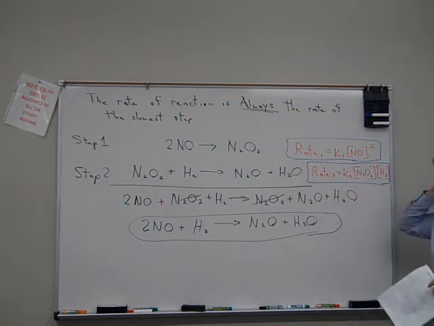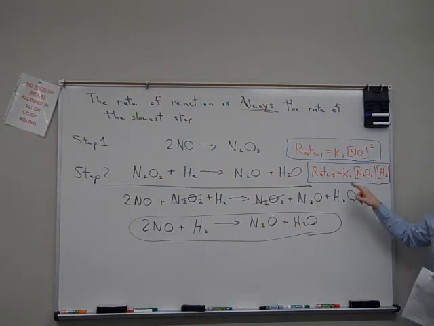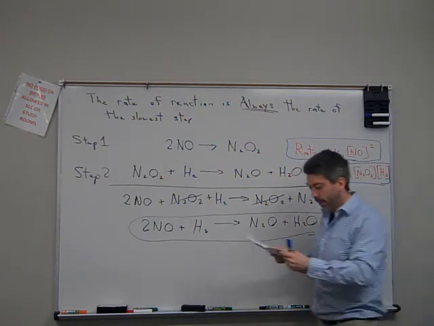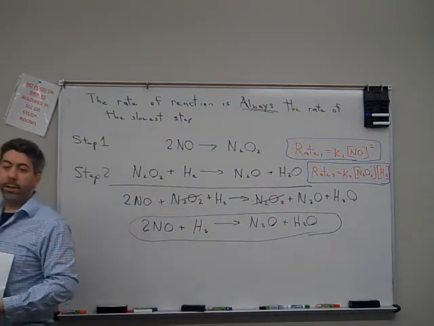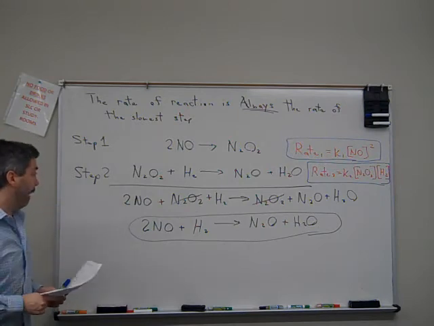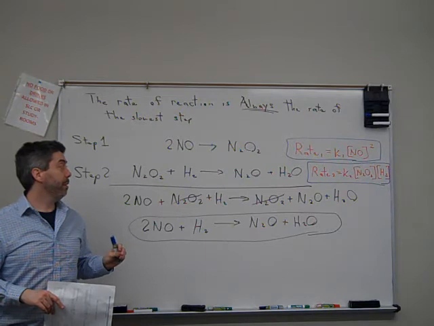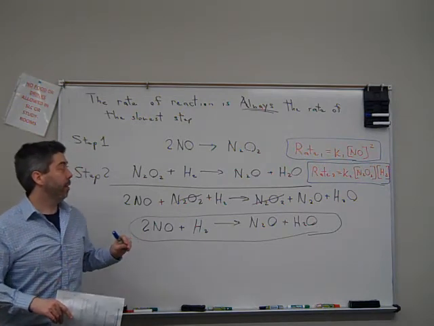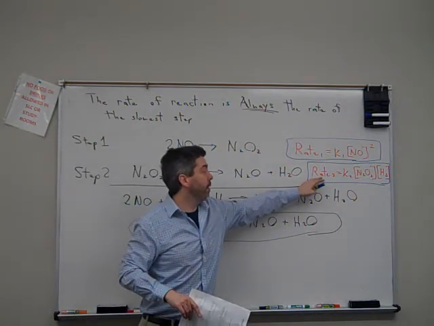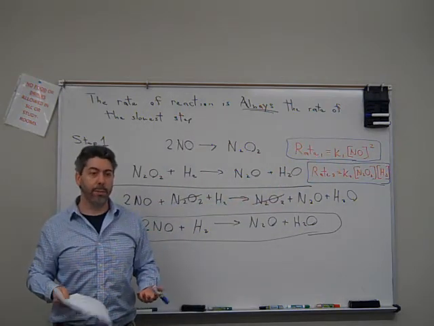Now, if the first step is the slow step, the rate law will be this. If the second step is the slow step, the rate law will be this. But the only way we can know what the actual slowest step is is by experimentally determining what the rate law is. So I experimentally determine that the rate law is, say, this or this, and then that tells me which one is the slow step.